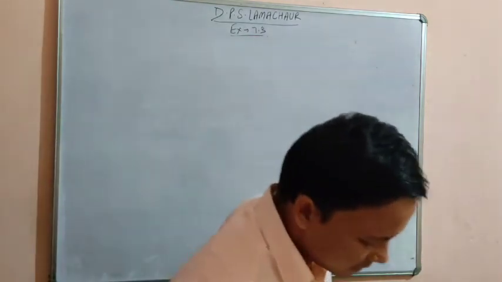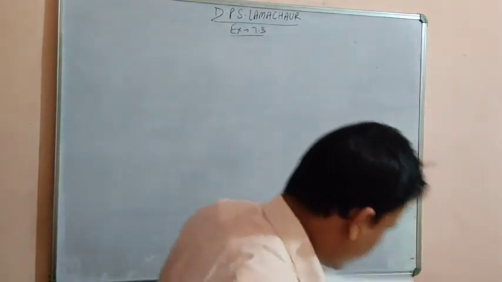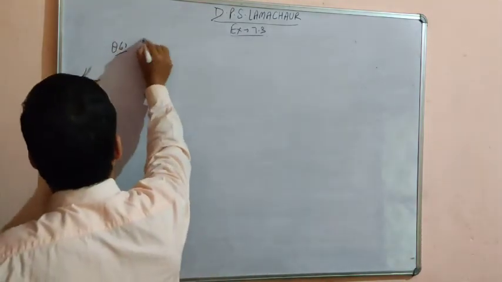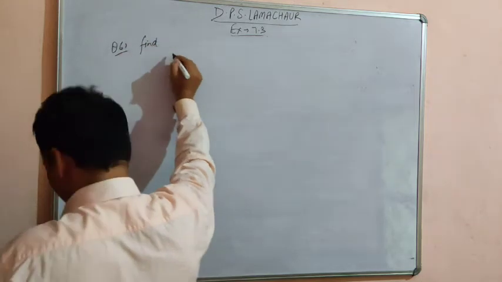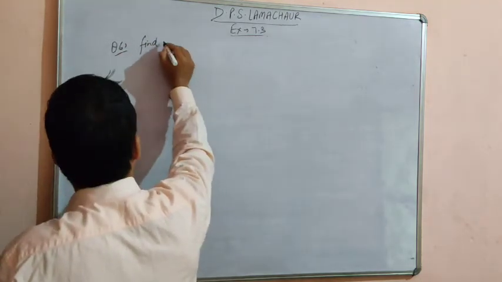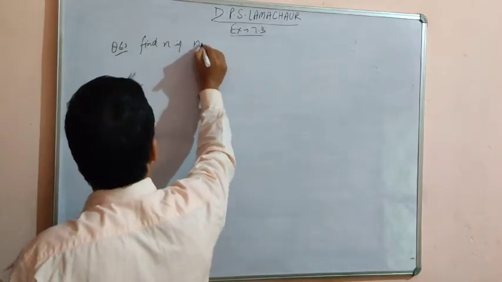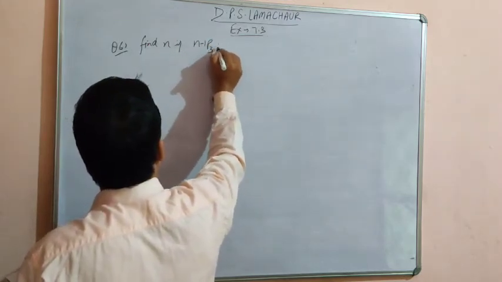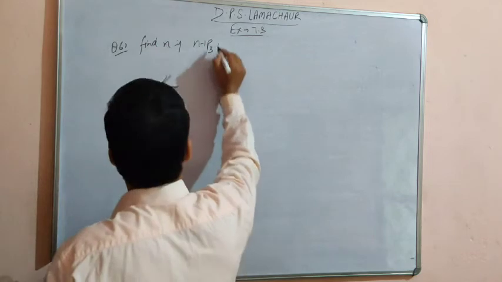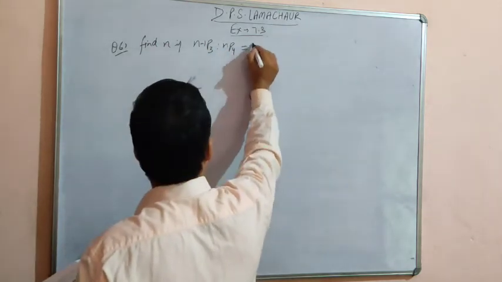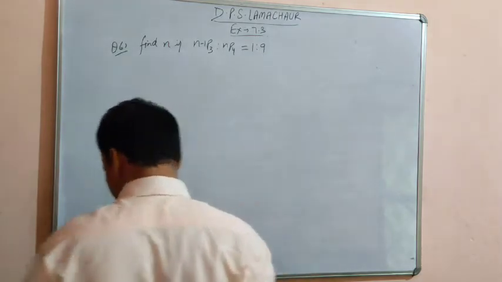Now question number 6 has 2 parts. Find n if (n-1)P3 : nP4 is equal to 1:9. It is given and we have to find the value of n.